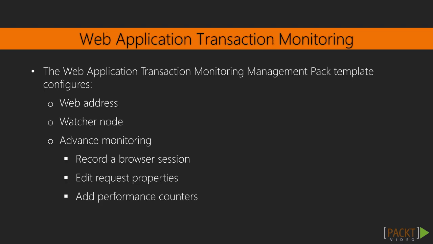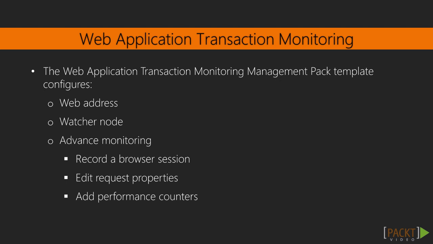You use the Web Application Transaction Monitoring Management Pack template to create detailed web application monitoring using a web recorder for capturing web requests that you could use as part of your application test from a specific geographical location.